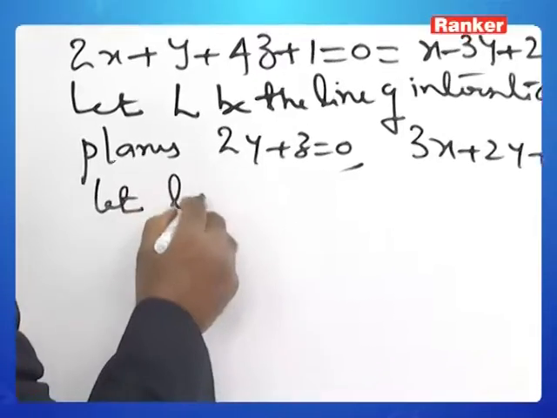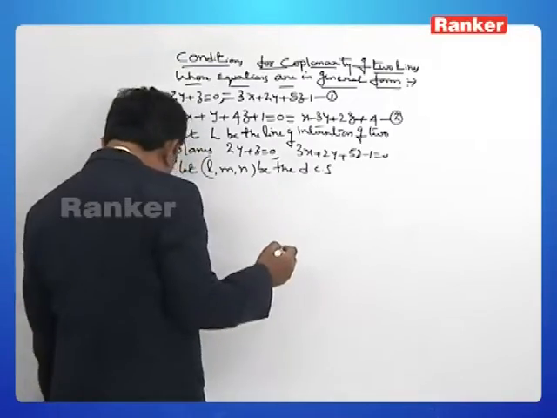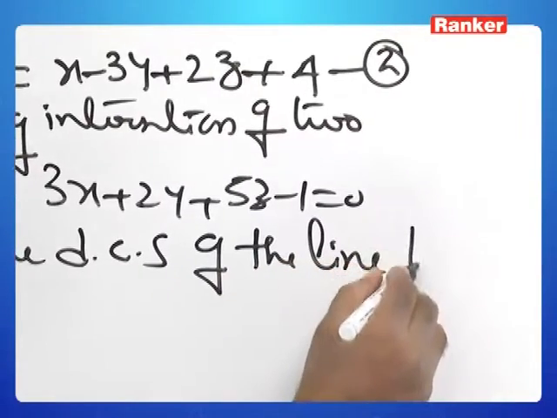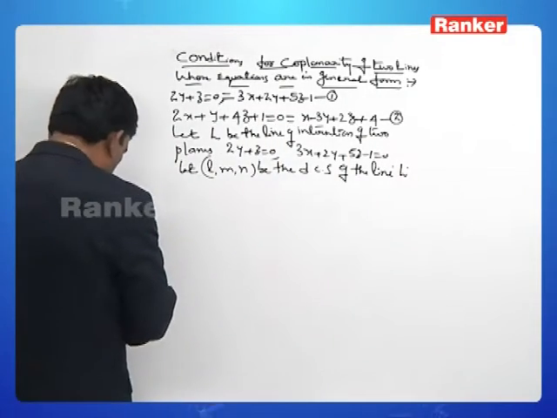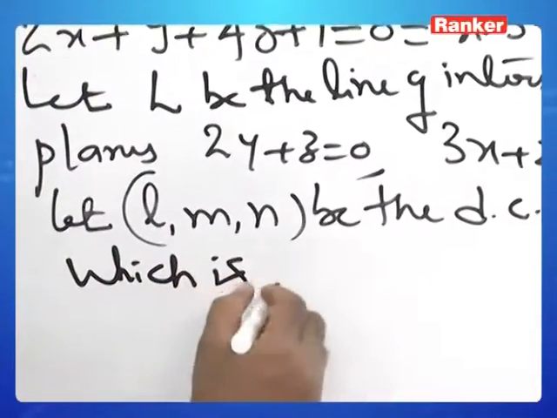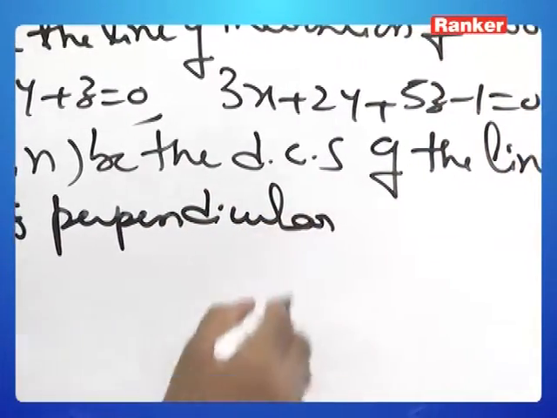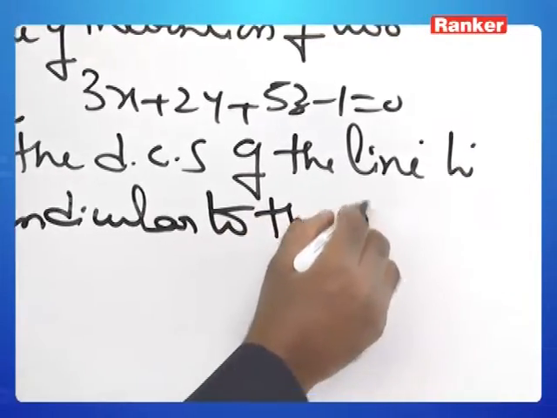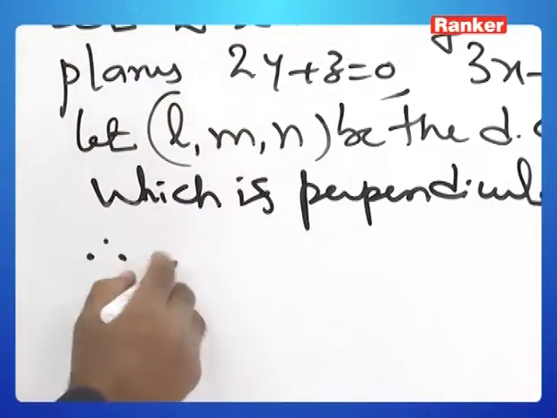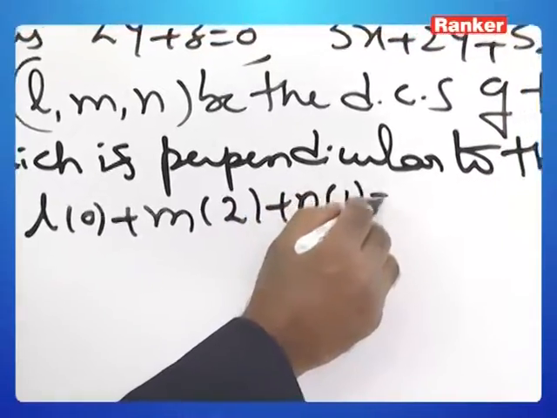Let l, m, n be the DCs of the line L, which is perpendicular to the planes, which implies I can write l into 0, m into 2, n into 1 is equal to 0.